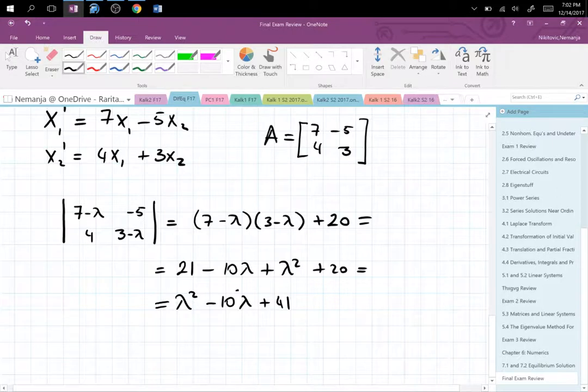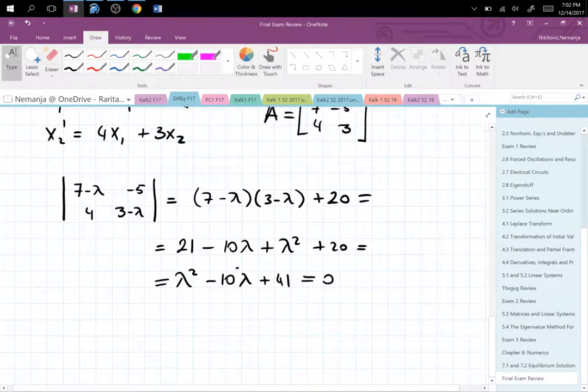So now we set that equal to 0, and we unleash the quadratic equation upon it.